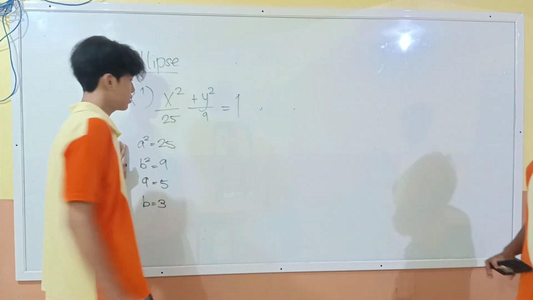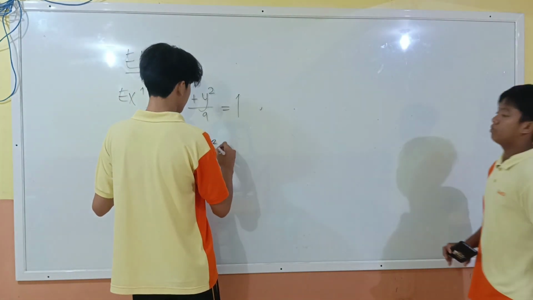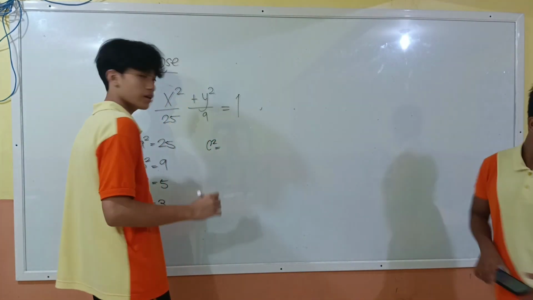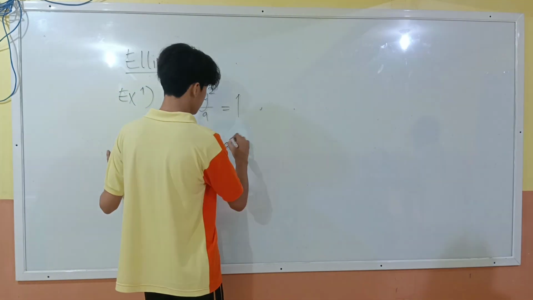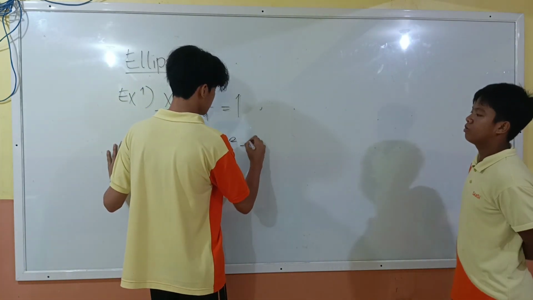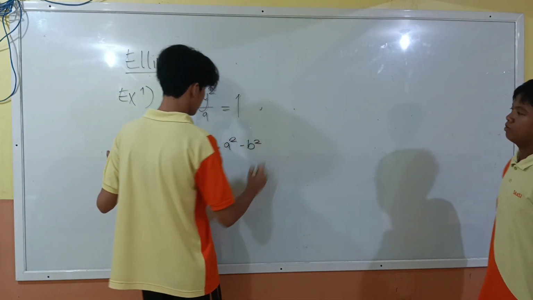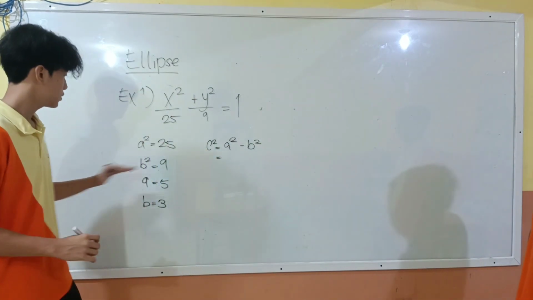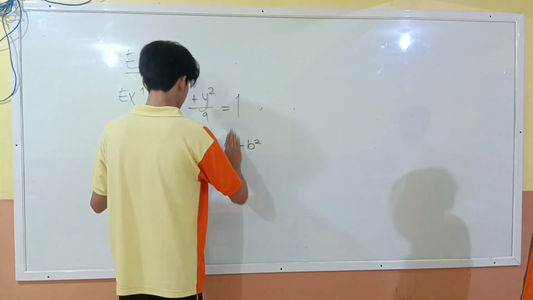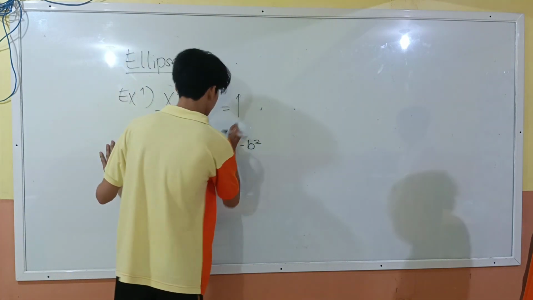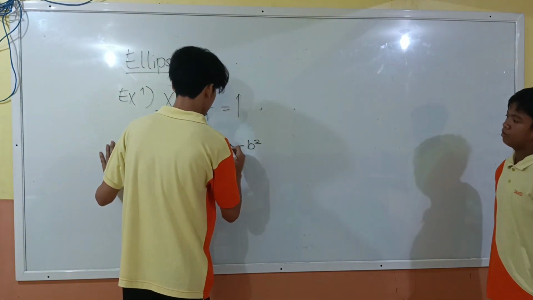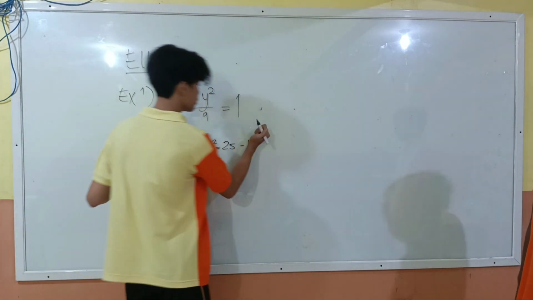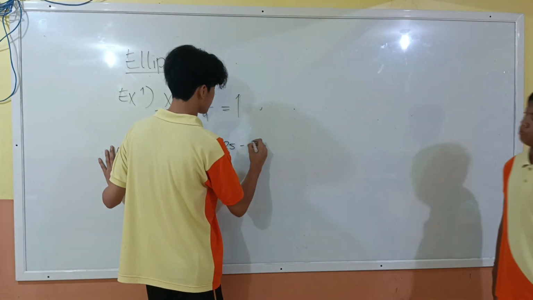So to get the foci, the equation is c squared is equal to a squared minus b squared, and then you just substitute the values. So for our a squared, we substitute it with 25. And then for b squared, it is 9.